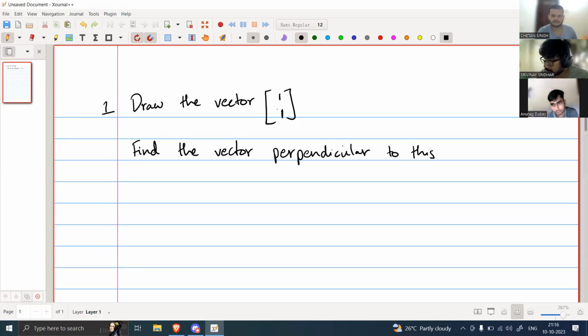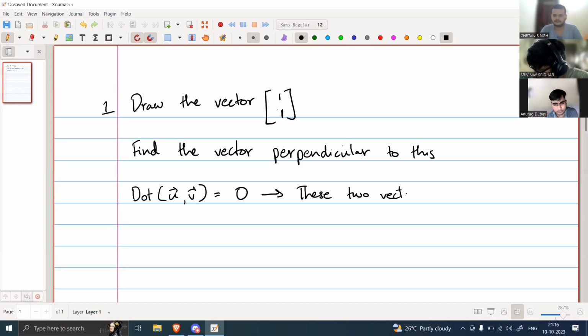For that we're using the dot product. For two vectors u and v, when the dot product is 0, it means u and v are perpendicular to each other.